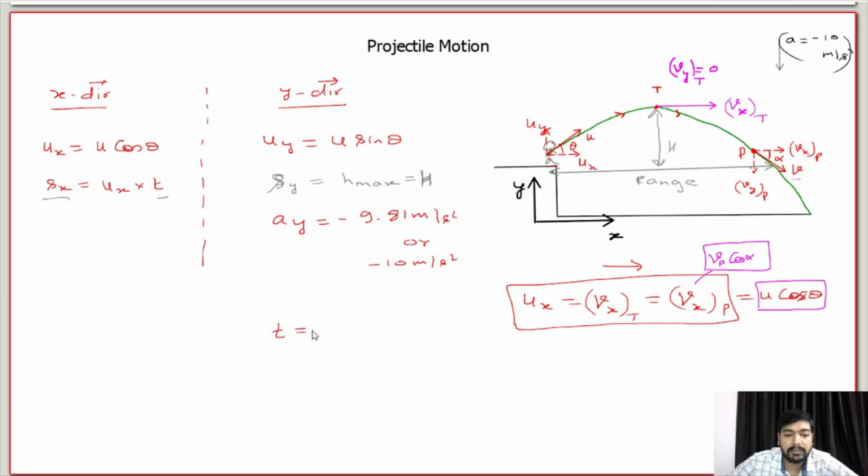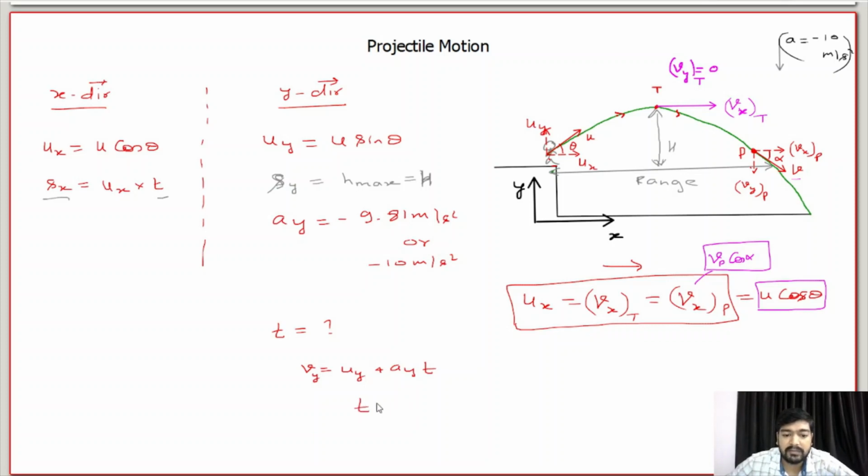How can we calculate time? We can calculate time if we take half of this travel. The initial velocity we know is u sin theta, and the final velocity is 0. We can just apply the first equation of motion, vy equals uy plus ay t.